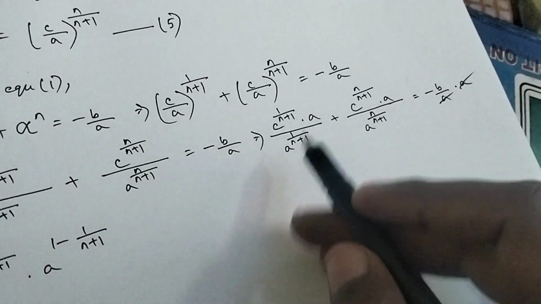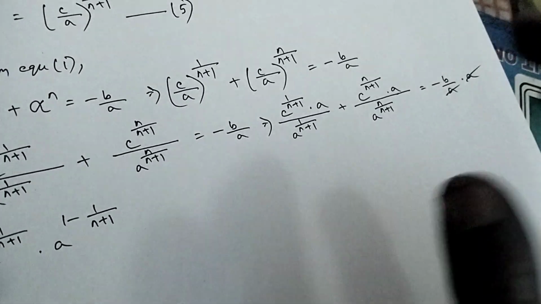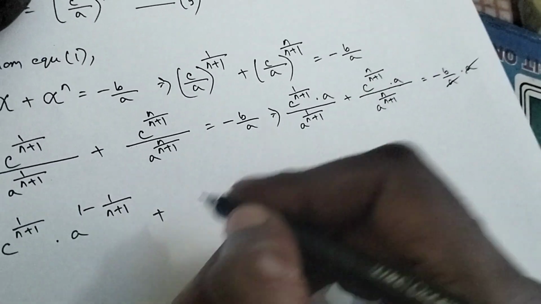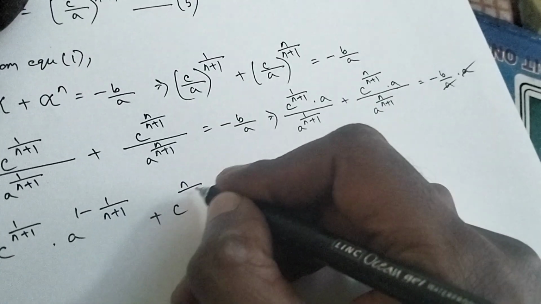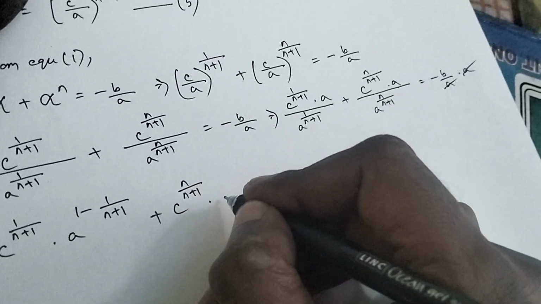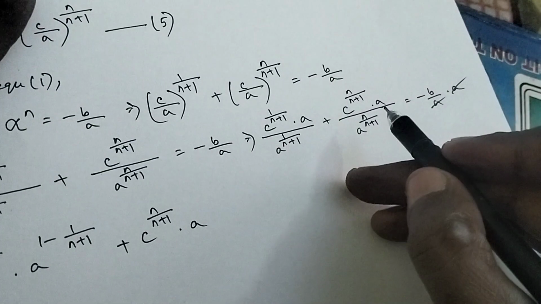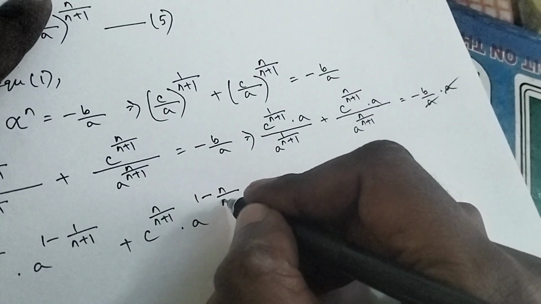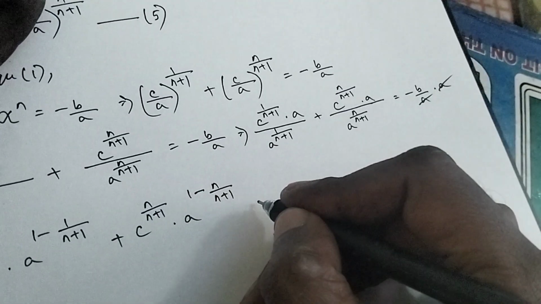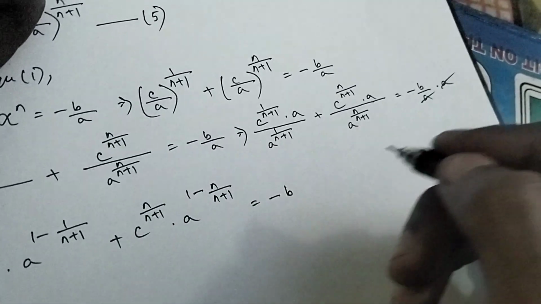In case of division, power gets subtracted when the bases are same. Plus c to the power n by n plus 1 into a to the power 1 minus n by n plus 1 is equal to minus b, right?